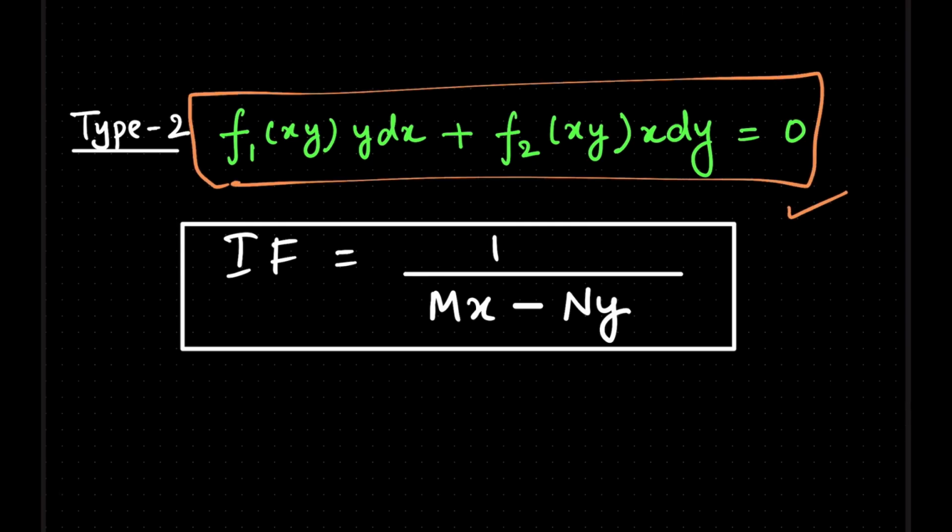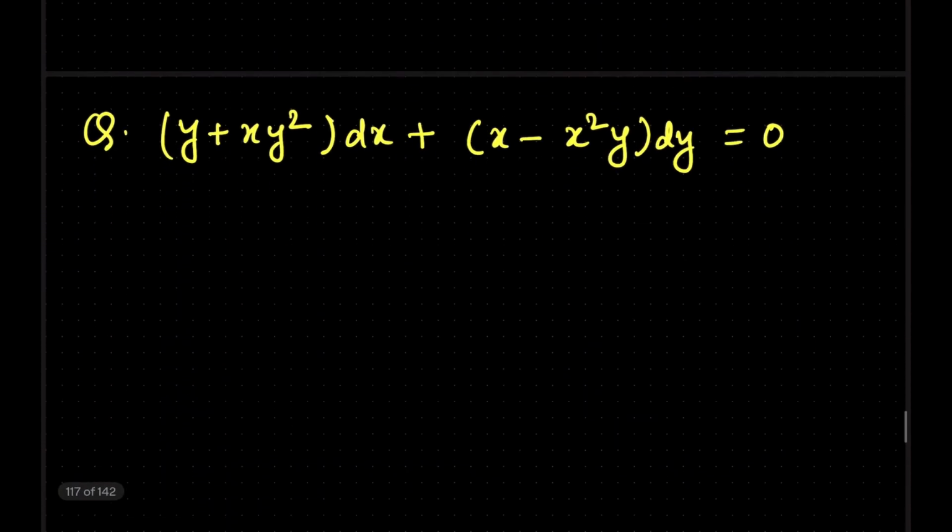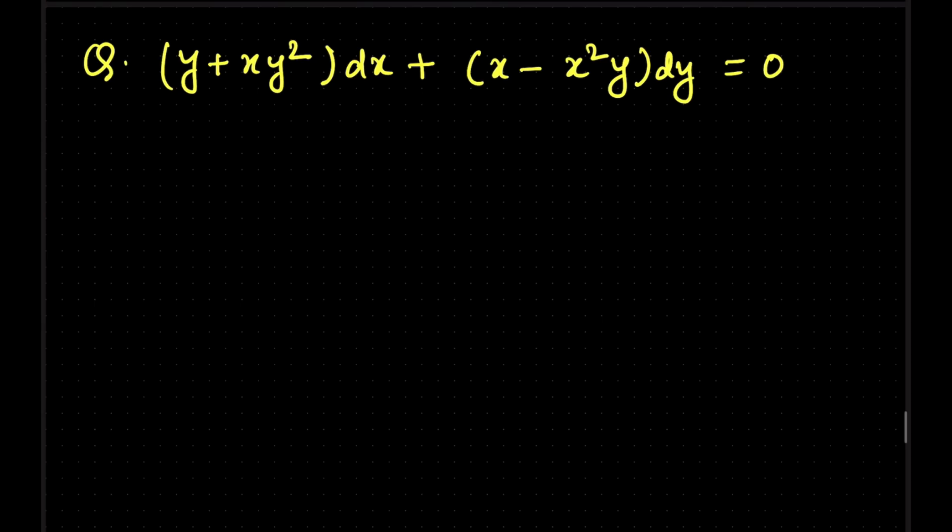Here you should get a function of xy, and here also a second function of xy, and here you should get y dx, and here x dy. The integrating factor by which you have to multiply this to convert the non-exact differential equation into an exact differential equation is 1 divided by (Mx − Ny).